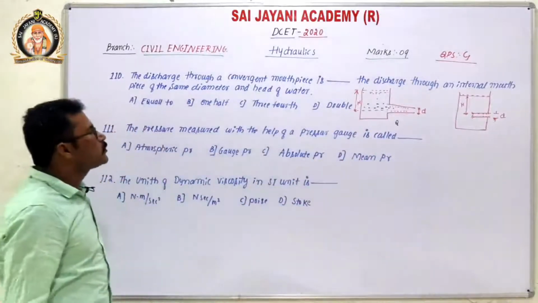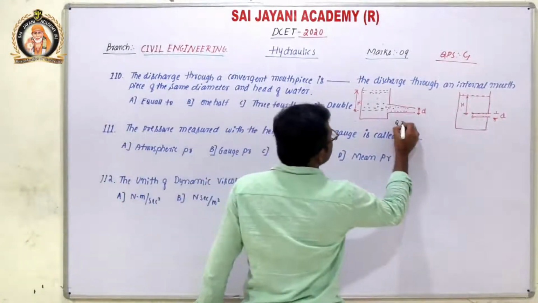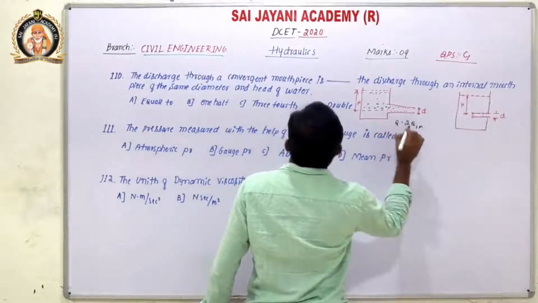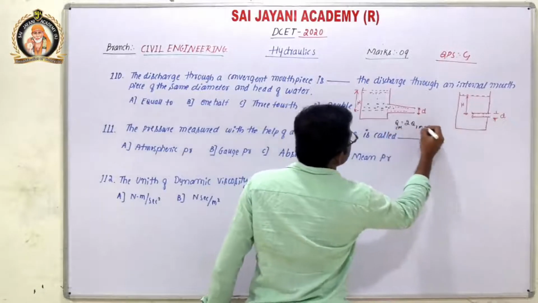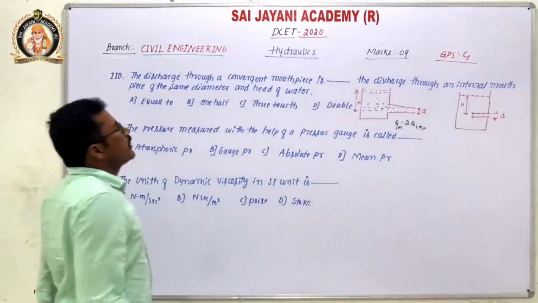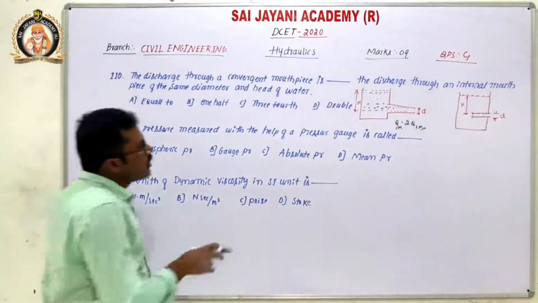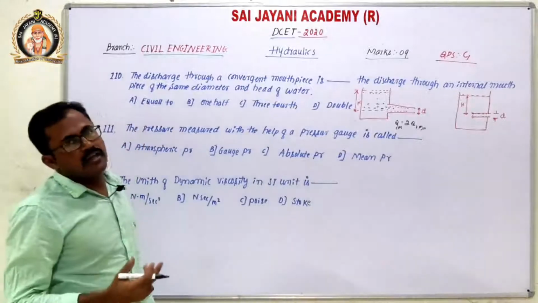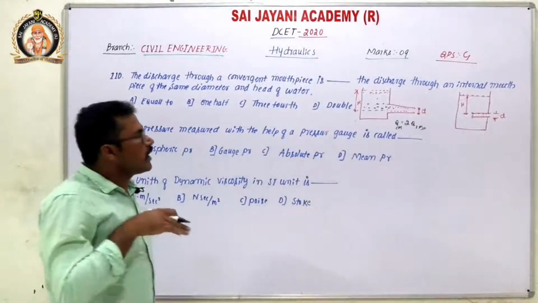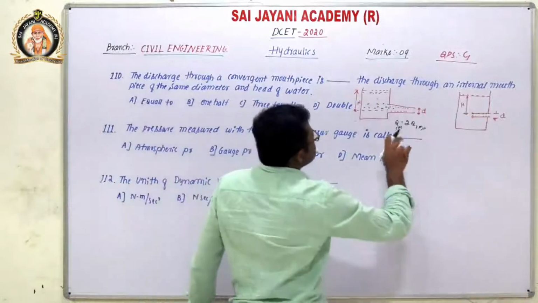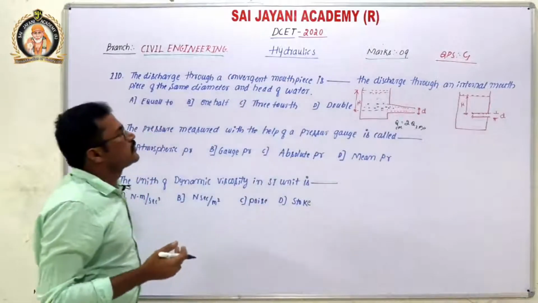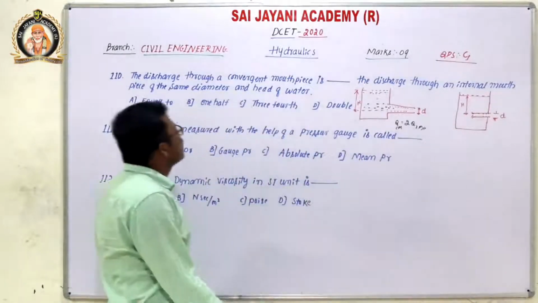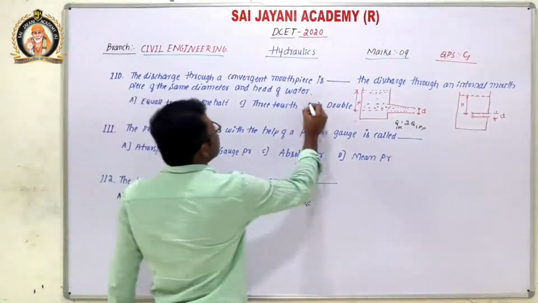This is the convergent mouthpiece, and that is the internal mouthpiece. It always takes 2 times because of the decrease in diameter. There is a decrease in area. When the area decreases, the velocity increases. Because the velocity increases, and discharge is area into velocity, the discharge doubles. So option D is the right answer.